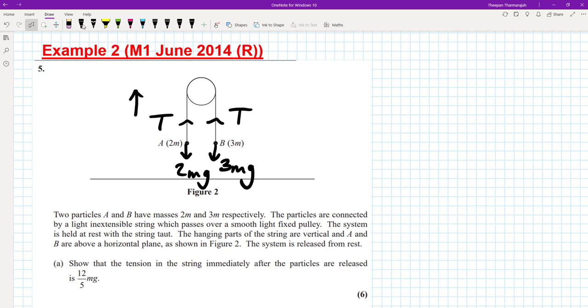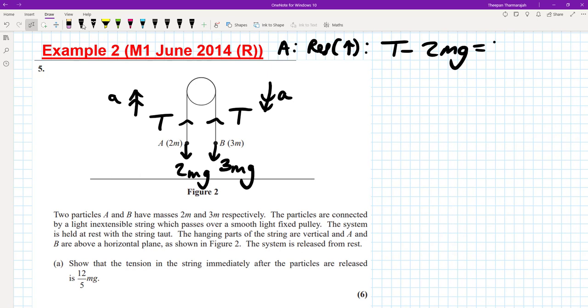So A is lighter, so it's going to be A going this way, and then B going this way. Now we're in a position to resolve. So we're going to resolve vertically for particle A. So T minus 2mg equals 2ma. For B, we're going to resolve downwards.